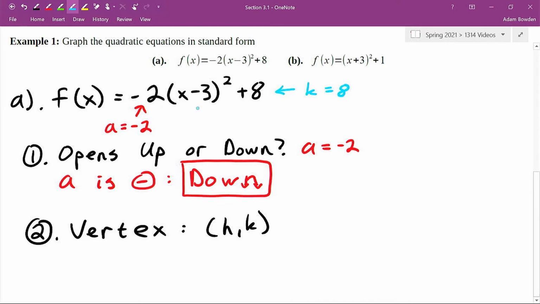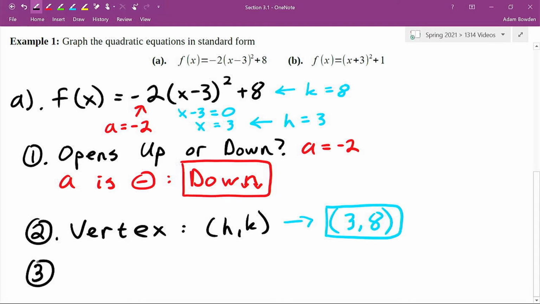To figure out what h is, I'm going to take that thing in the parentheses, x minus 3, and set it equal to 0. If I add the 3 over, it would be x equals 3. That tells me that the number for h is 3. So our vertex here would be the point (3, 8).